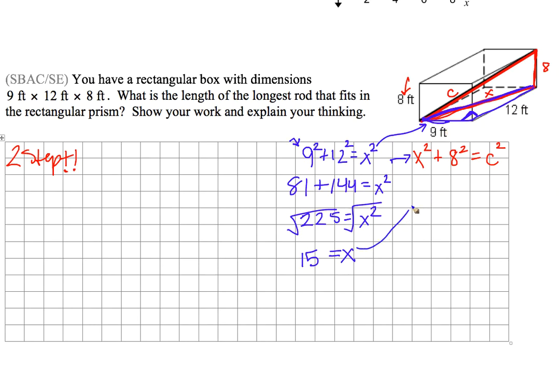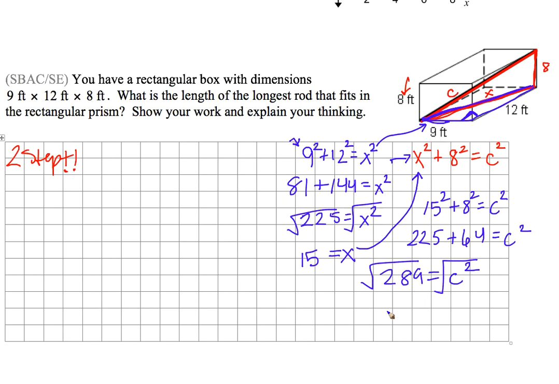So I'm going to take that 15 and I'm going to substitute it in, and I get 15 squared plus 8 squared equals C squared. 225 plus 64 equals C squared. Let me pull up my calculator. 225 plus 64 equals 289. Get the square root, and I have C equals 17. And that's it.